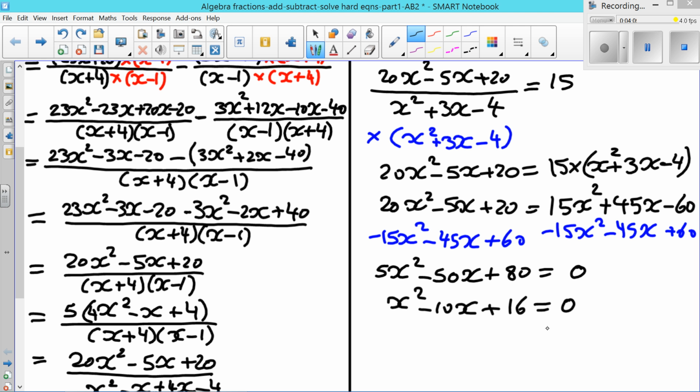To solve this quadratic, I have to factorize. A 3-term quadratic is likely to factorize in 2 brackets, and that's what I will attempt. To get x squared, I must have x and x.